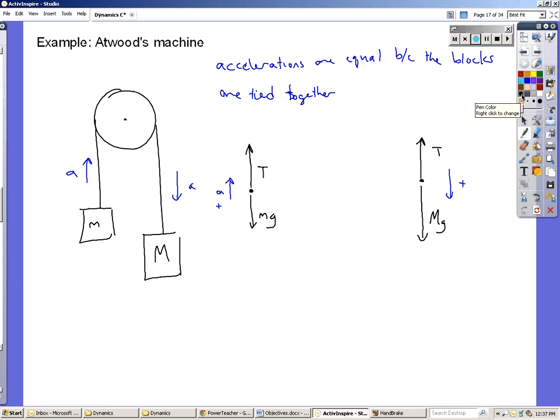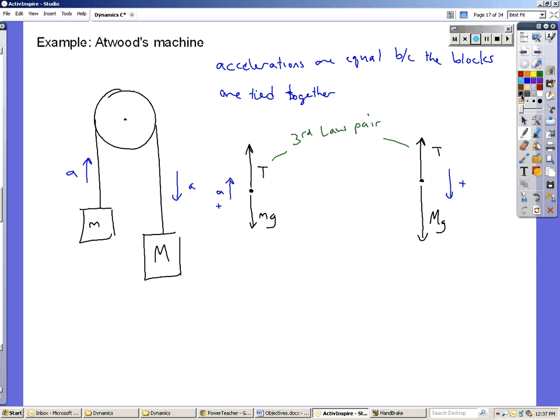Where Newton's third law comes into this are the two tensions, which are a third law force pair, and are therefore equal. Notice they're not in opposite directions, but that's because there's a pulley there.